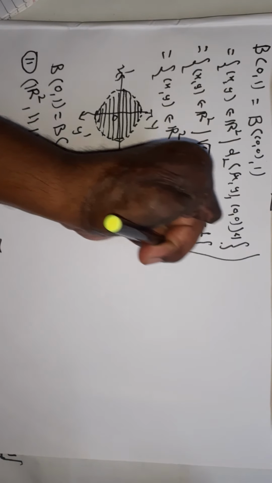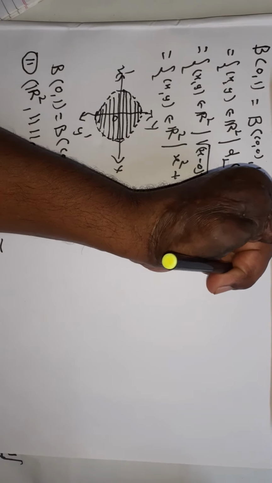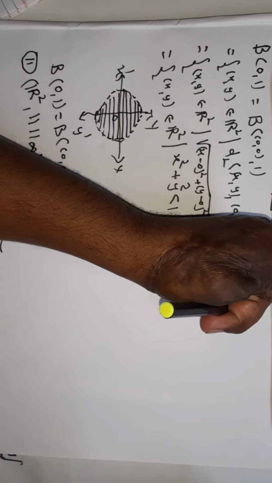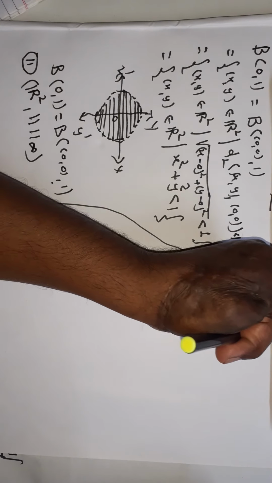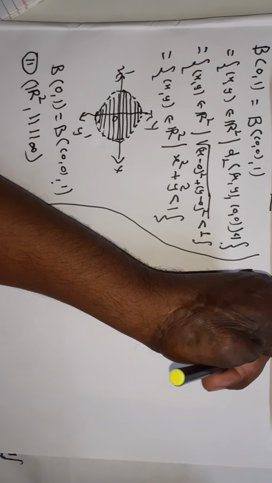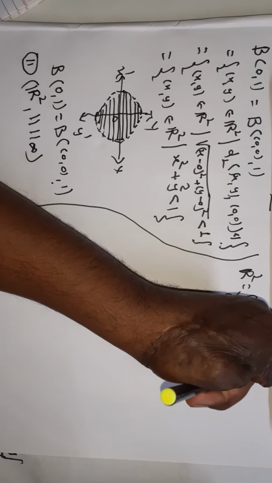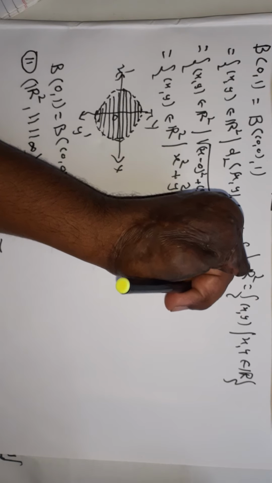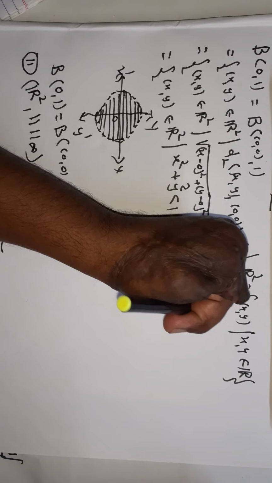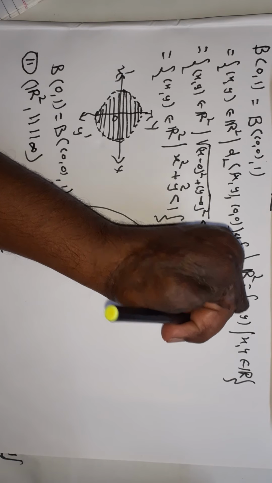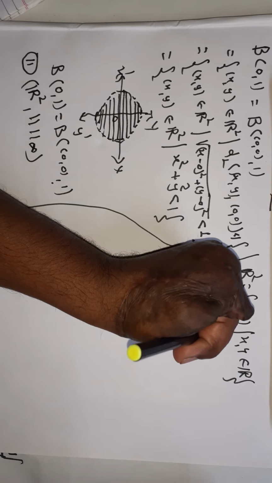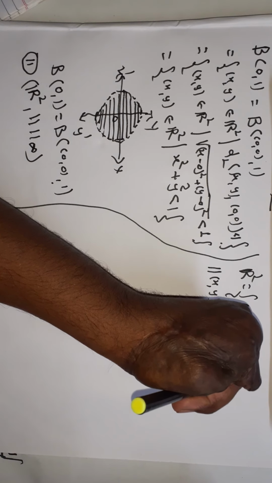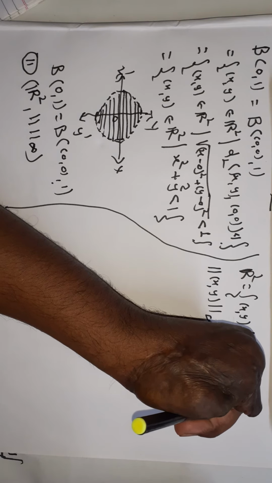Now, R2 is the set of x, y where x, y belong to R, and the infinity norm of x, y is equal to the maximum of the set mod of x, mod of y.